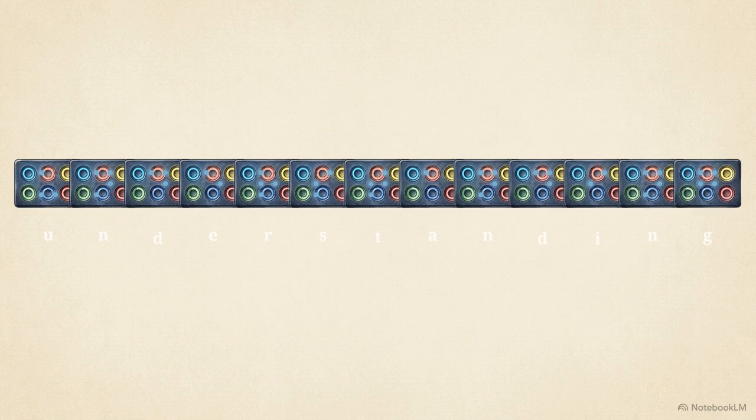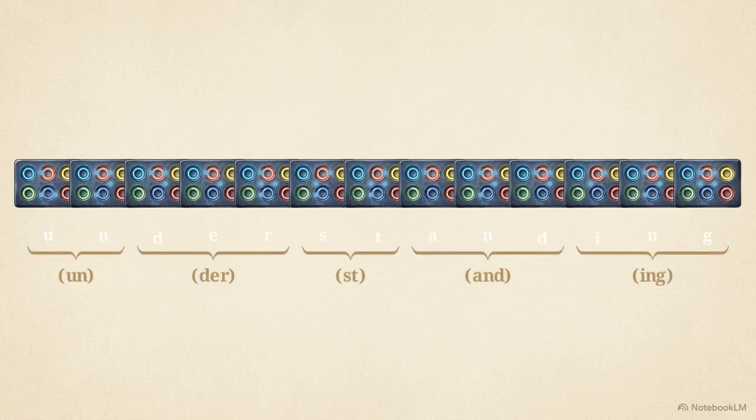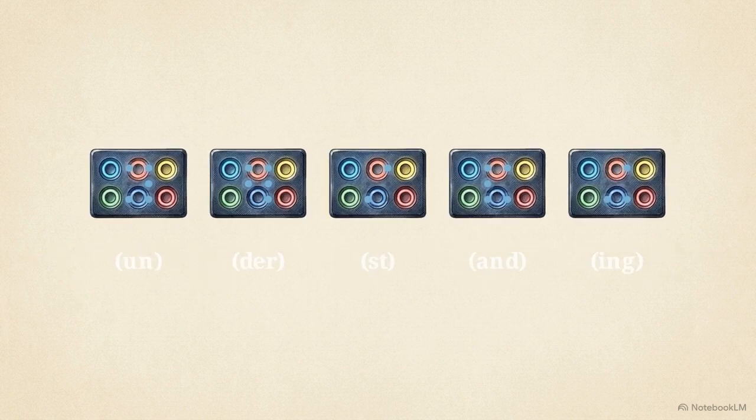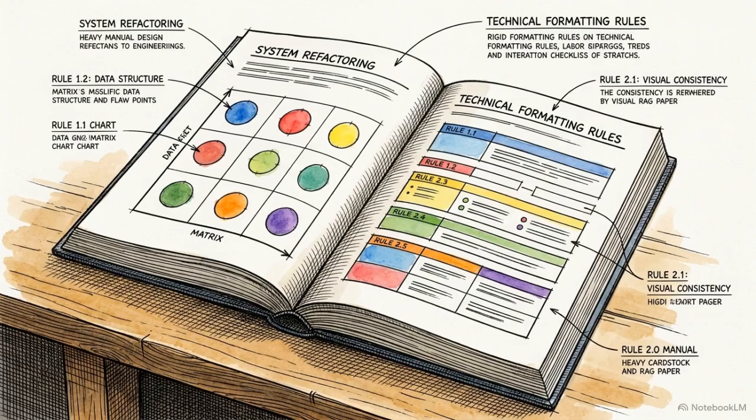Grade 2 Braille acts as lossless data compression. Rather than spelling every letter, it algorithmically collapses high-frequency linguistic clusters, condensing the word into 5 cells: un, der, st, and ing. Recently, the system underwent a major refactoring known as Unified English Braille, or UEB.